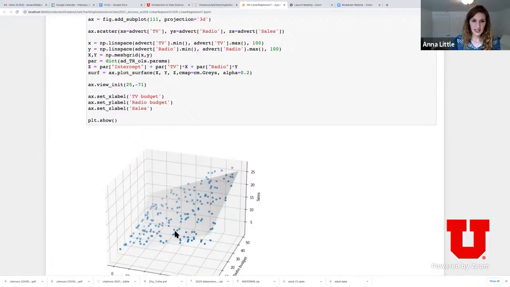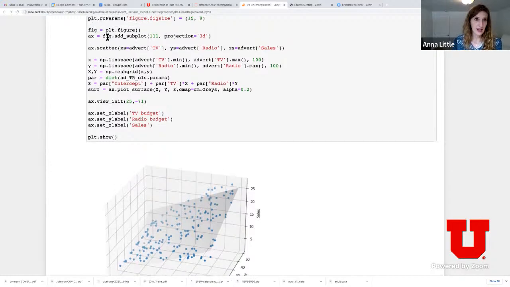So just kind of keep this visual picture in mind that this is what we are doing. So here you've got a scatter plot of the data, and then superimposed over it, you have the plane of the predicted values. And you can look back here at the code to see exactly how that's generated.